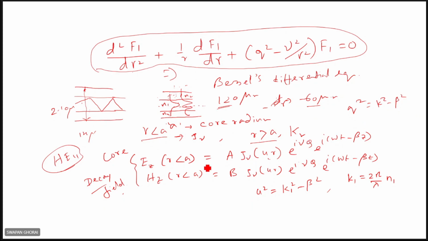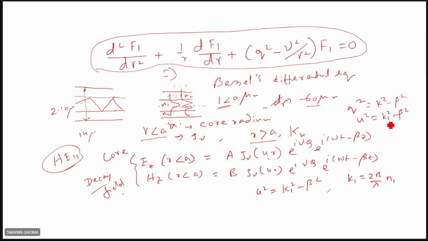So within the core, we can consider k1, so U square is k1 square minus beta square, that is, omega square mu epsilon 1 minus beta square, within the core.